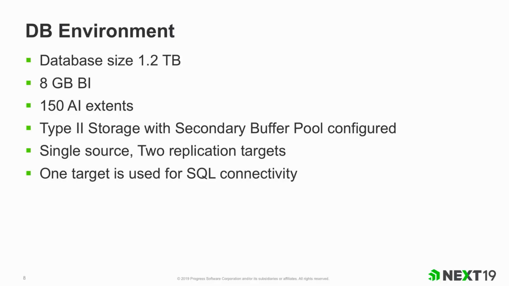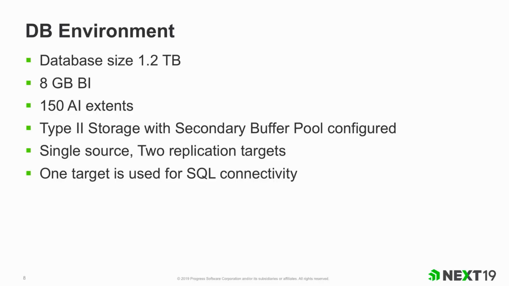We had an 8 gigabyte BI, so a decent size BI file system, and 150 after image extents. We have enough after image extents that if we cannot replicate, we can still keep our database going with AI for between 3 and 7 days, depending on activity. So a lot of after image files in process.